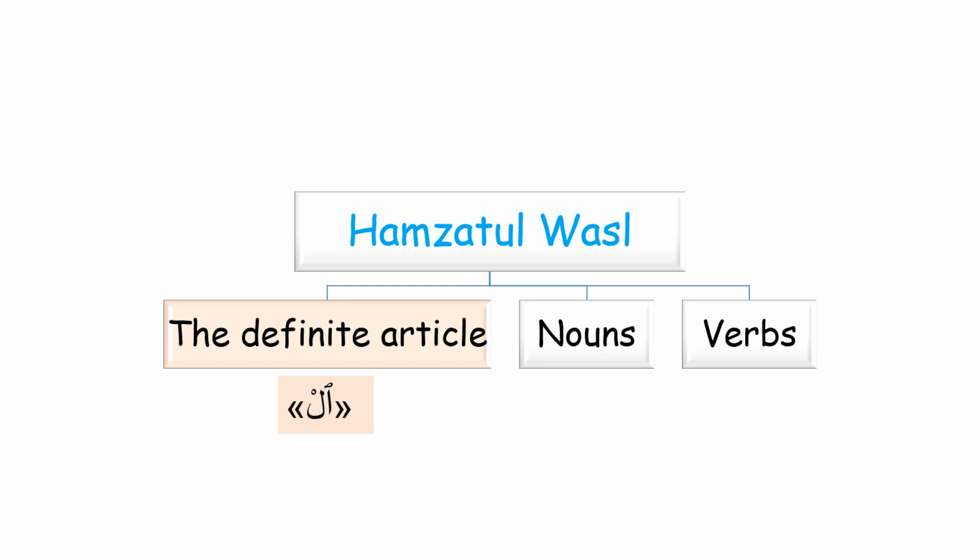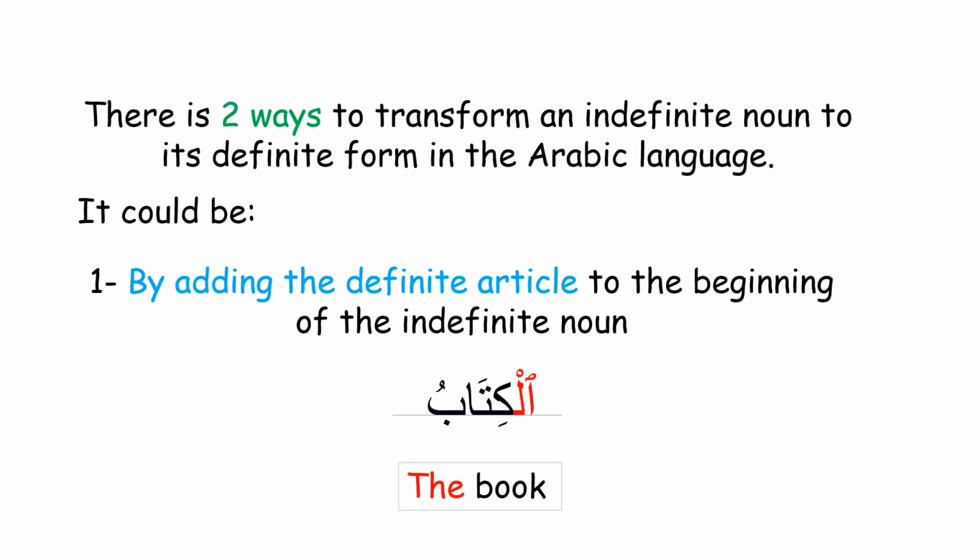Fear not, we are going to keep things as simple and as uncomplicated as possible. So, without any further ado, let's begin our new lesson by defining what the definite article al is all about.